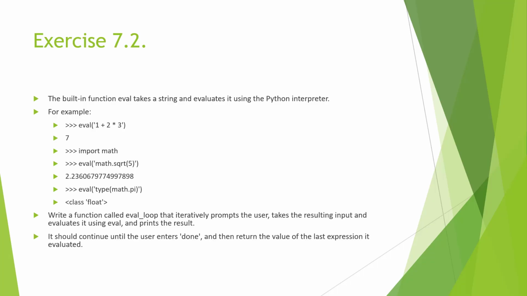So we have met the completion requirement for exercise 7.2. We wrote a function called eval loop, and it contains a prompt so that when the user types done, all lowercase, it will exit and print the last expression that was evaluated. We met it, and we spiced it up just a little bit, so that completes this exercise.